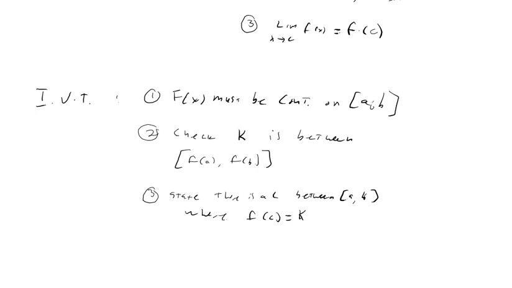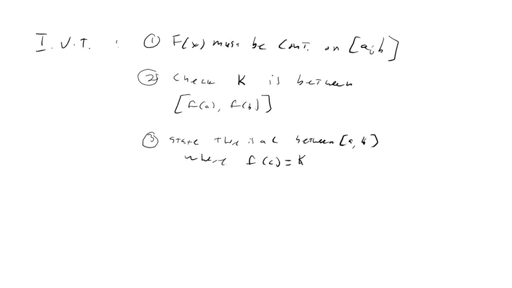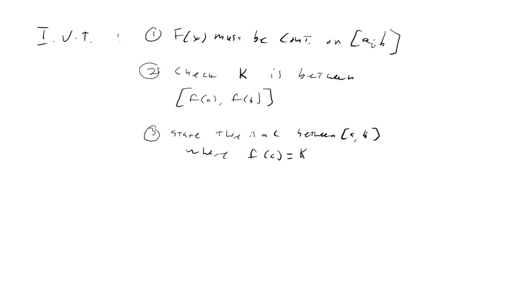Check that it's continuous. Check that you're between the a and b. Once you have all that, you can state that there is a value. And then sometimes, to find c, you plug in the k and solve.